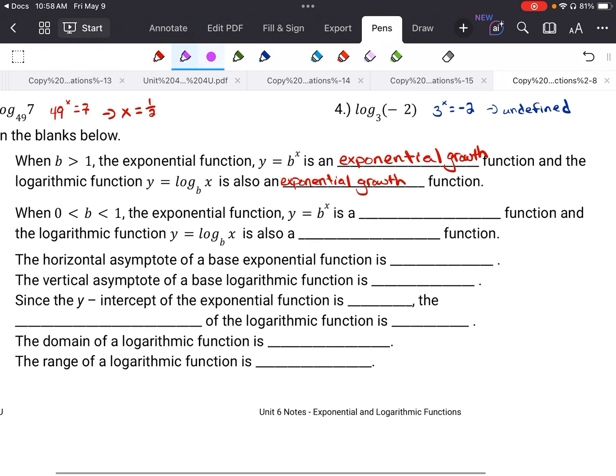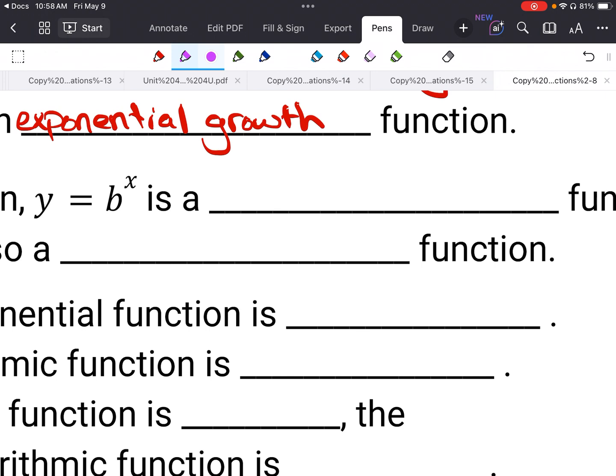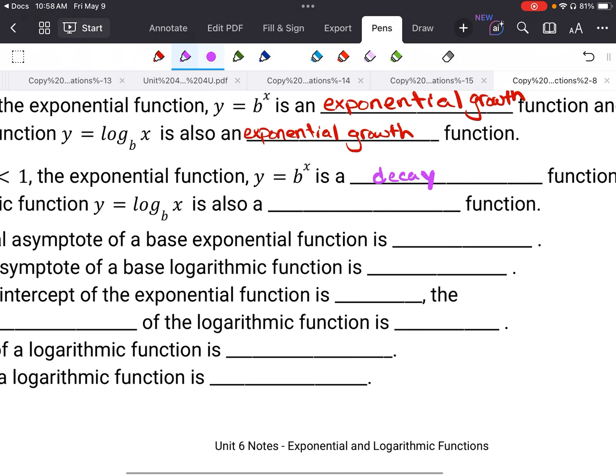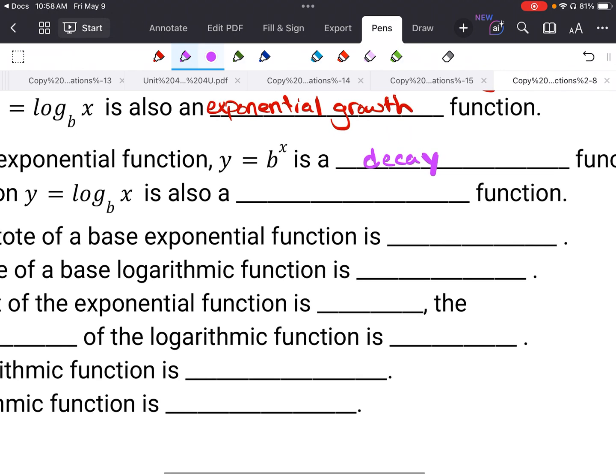When b is in between 0 and 1, the exponential function y equals b to the power x is a decay function. It's exponential decay. And therefore, the log function log base b of x, if b is in between 0 and 1, is also a decay function.